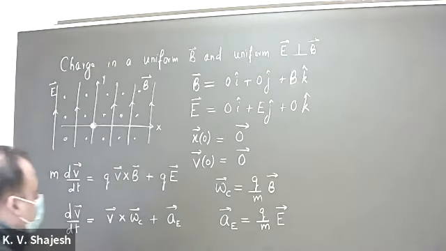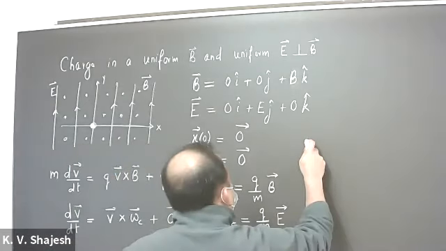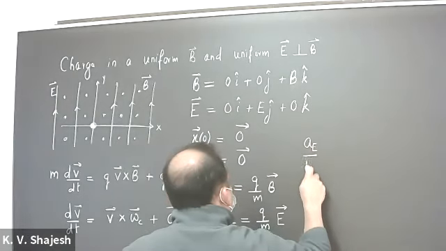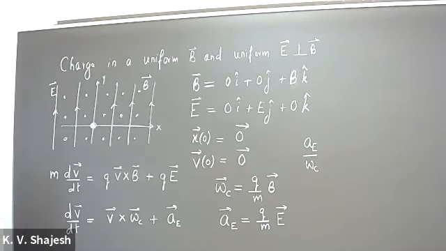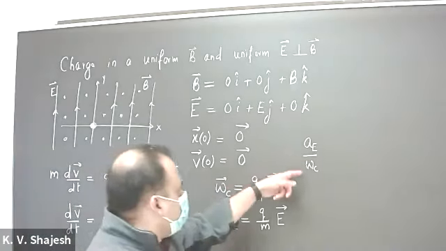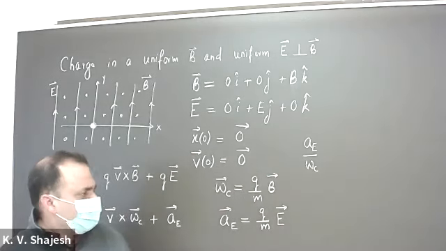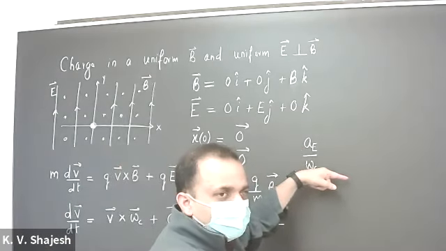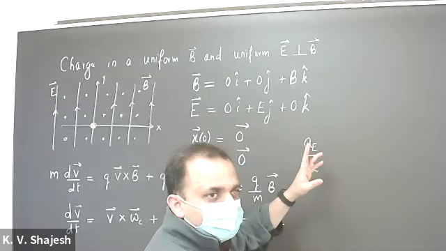There's one more quantity we can define. One is, of course, the cyclotron frequency magnitude. We can also define the magnitude of acceleration over omega c. What would be the dimension of that quantity? Acceleration divided by angular frequency.